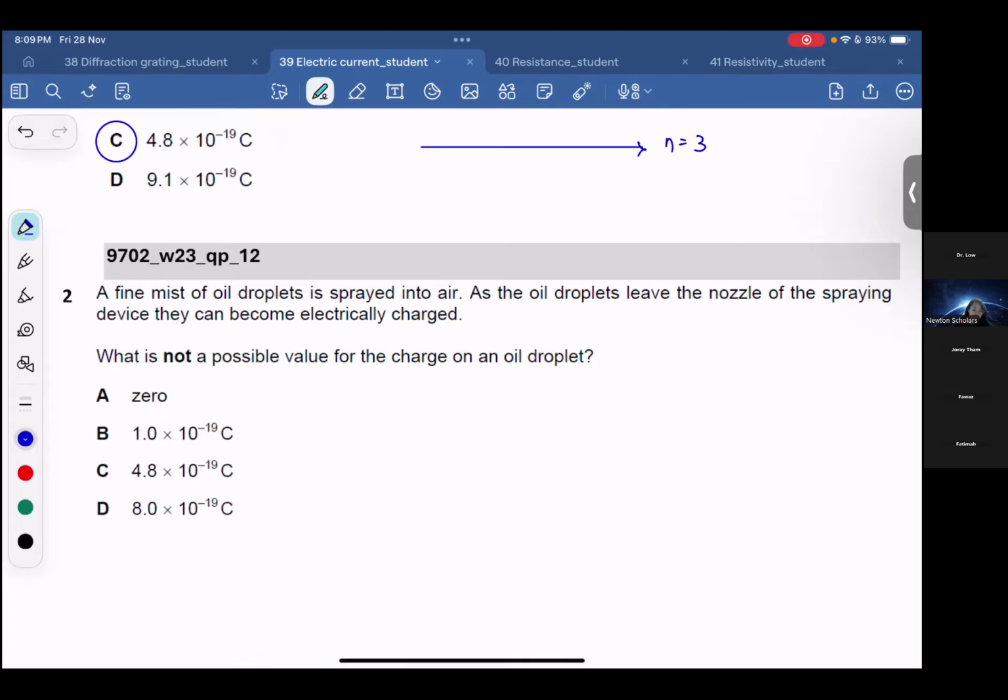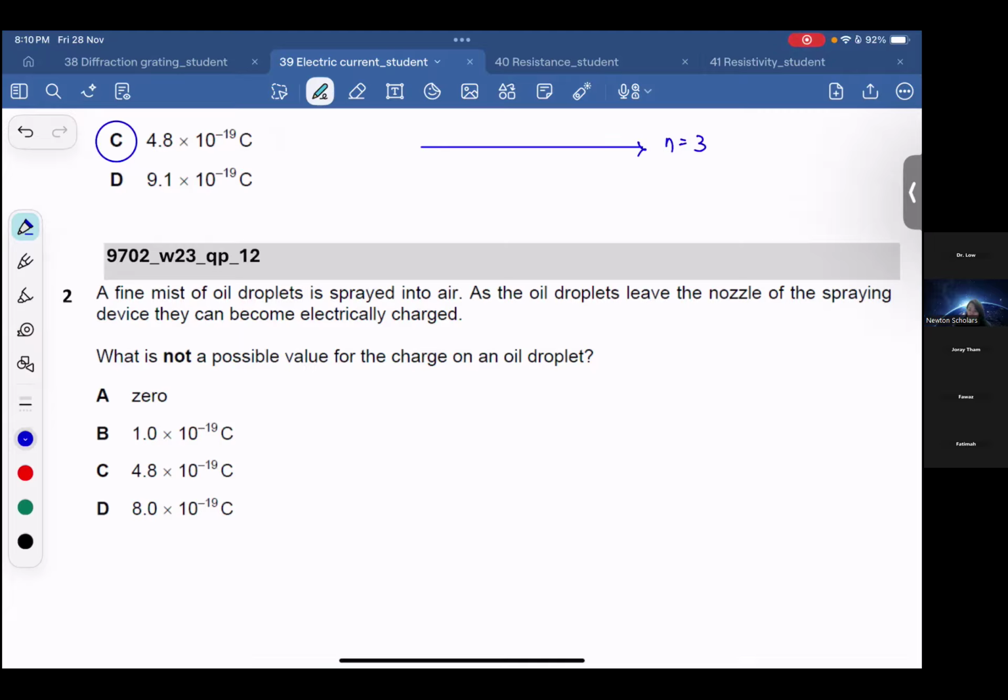Okay, question number 2. Not a possible value.